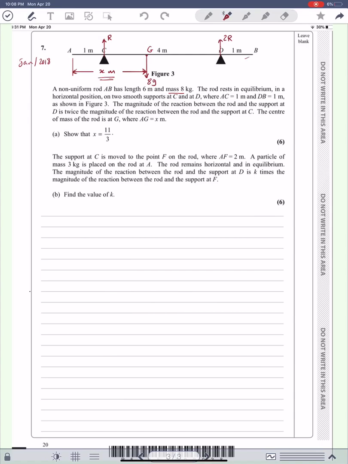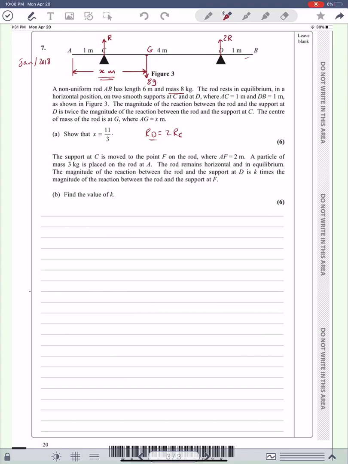If you keep them as RC and RD, you are saying we have 2 unknowns. You will be confused and will not continue properly with solving the question. We can write it here to explain to the examiner if we have time in the mechanics exam, which doesn't happen regularly. So he said that RD is twice RC.